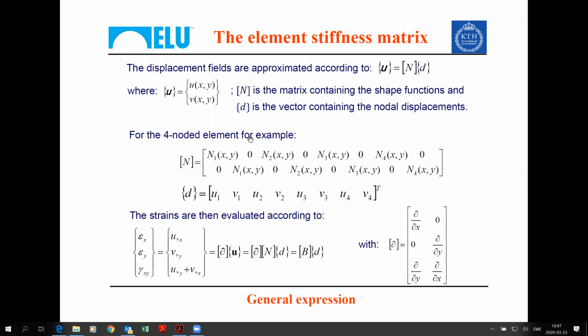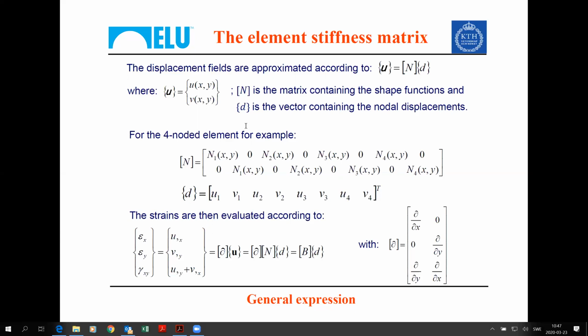How do we determine the stiffness matrix? Well, we simply apply the same procedure that we applied for the bars and the beam elements.